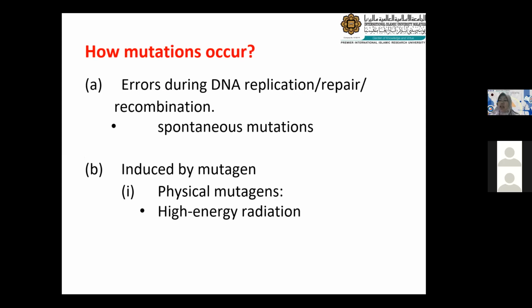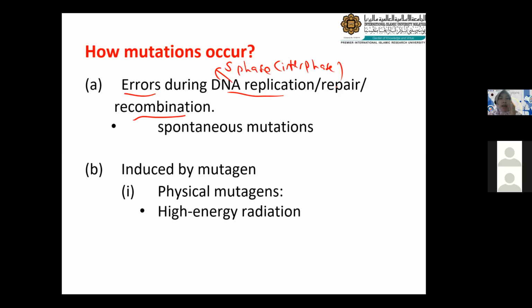Mutation happens due to errors during DNA replication, during DNA repair, or during DNA recombination, and it is what we call spontaneous mutation. Remember, DNA replication happens during S phase of interphase.